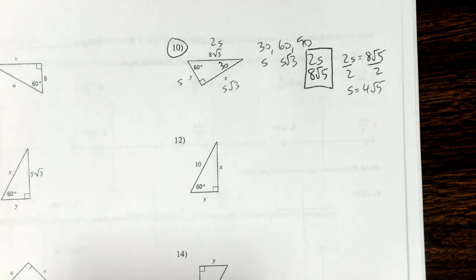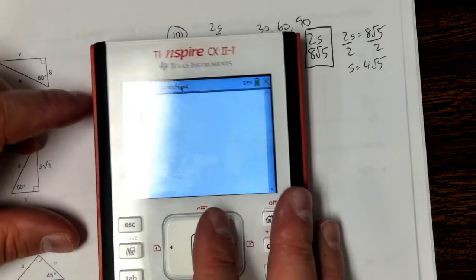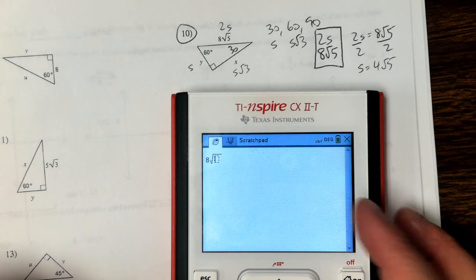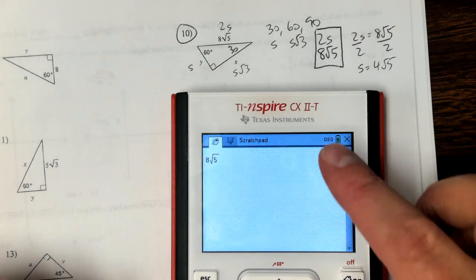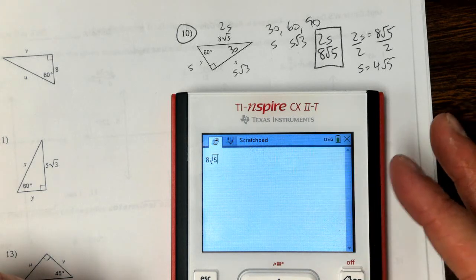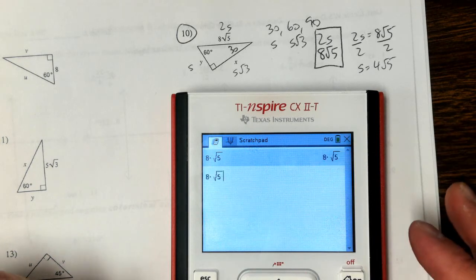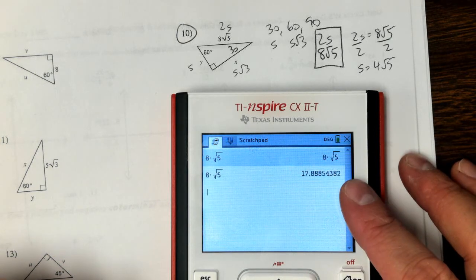If you want to check that out on the calculator, just to show you how things work: 8 square root of 5. Okay, on the CX2s, if you just press enter, it's just going to put the same thing there. So you really got to press control enter to make it a decimal.